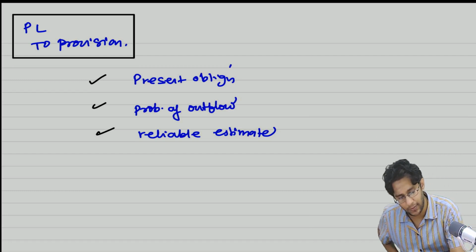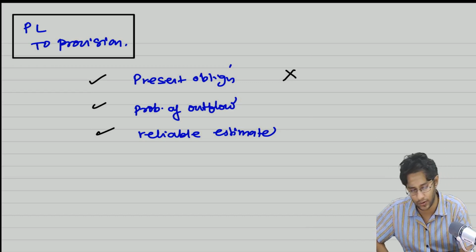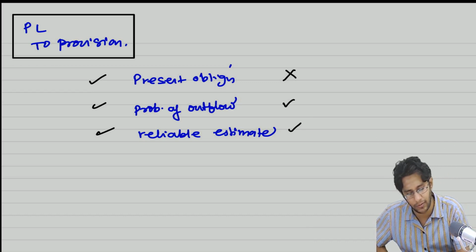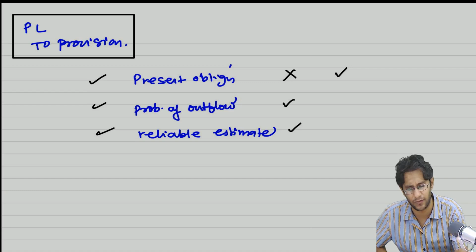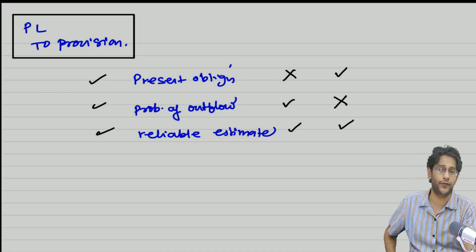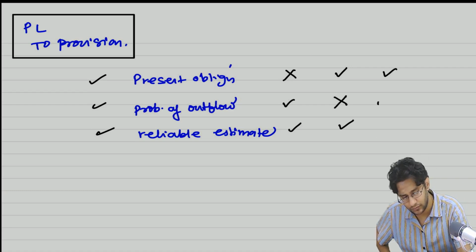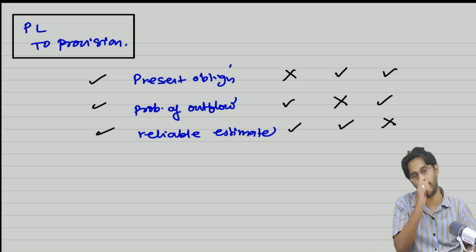So that means, imagine you say that there is no present obligation. If there is no present obligation, it becomes a possible obligation. And all possible obligations prima facie are contingent liability. Similarly, you may say, sir, I have a present obligation, but the chance of outflow is very, very less. But I know the amount of obligation, but the chance of outflow is very, very less. Or these two passed, but you could not make a reliable estimate towards the amount of the obligation.